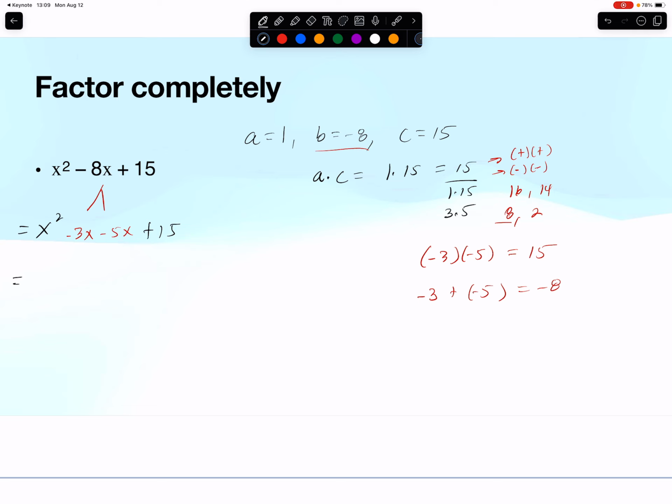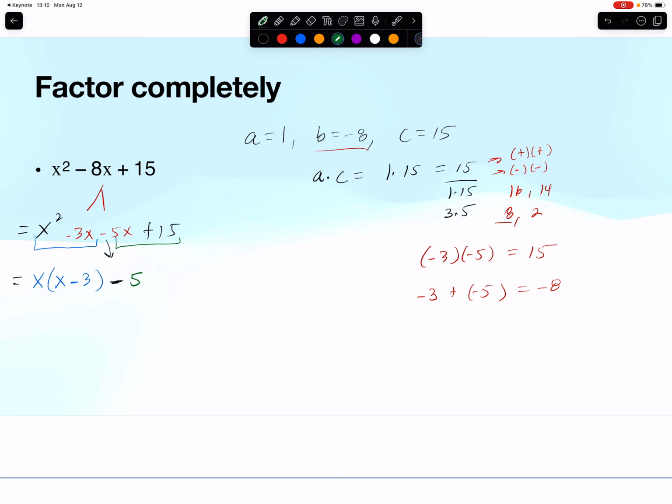Okay. And so in the first two terms, we can factor out an x. So x times x is x squared. x times -3 is -3x. Bring on down this minus sign. And the -5x and the 15, they have a 5 in common. That's actually a -5 there.